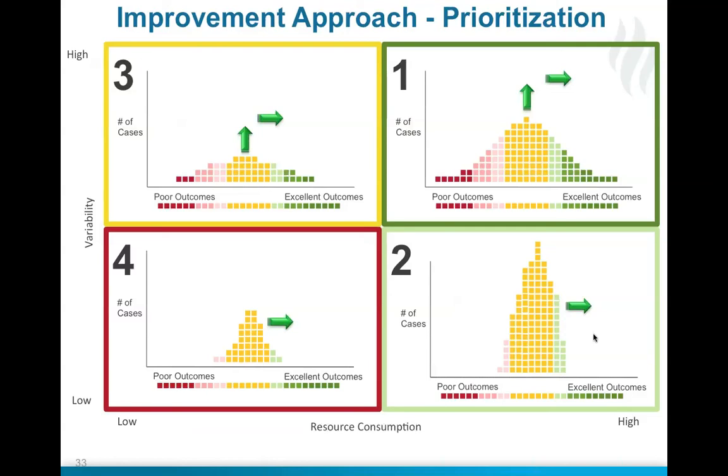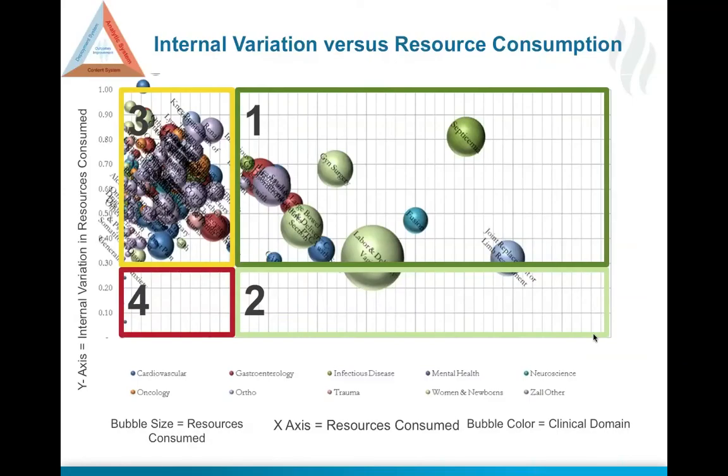If we focus on the large processes where we're consuming a lot of resources that are highly variable and make those our top priority, we can actually use data to help in the prioritization process. This is an example of what we would call a key process analysis or a Pareto analysis, where we would look at that top quadrant and focus on those care conditions and populations of patients first, because they'll have the most impact.